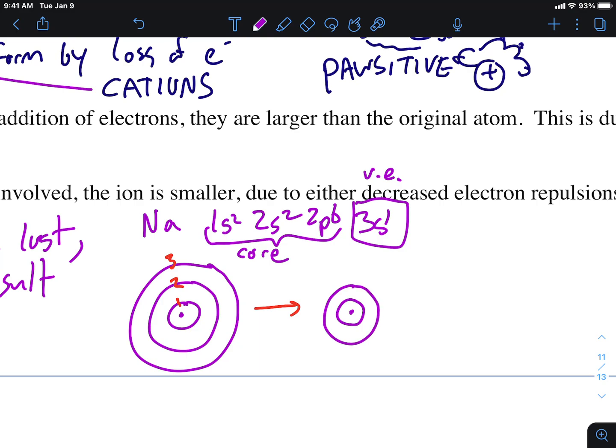And so this is what happens. You lose the third energy level. So tell me, did it increase or decrease in size? It definitely got smaller, right? So it lost an entire energy level. That's a huge change. Okay, so losing electrons, this might happen. It might lose an entire energy level, and it's definitely going to get smaller.